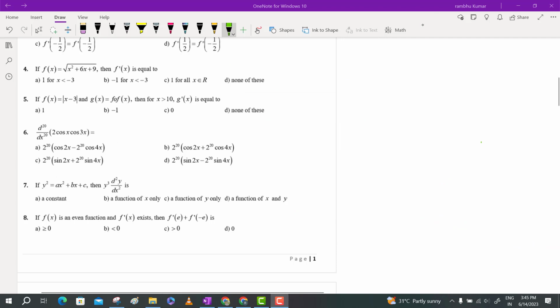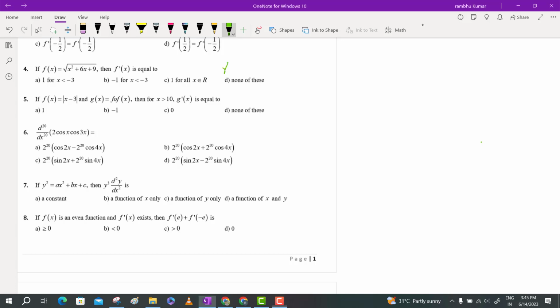The question we have is f of x equal to root under x square plus 6x plus 9, and you have to find f dash x, correct? So here also you can apply the chain rule.